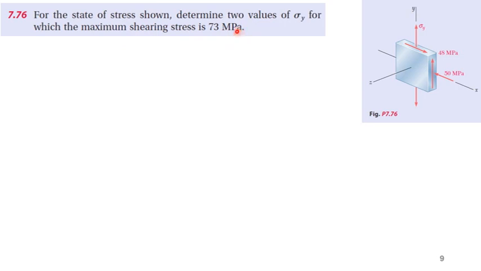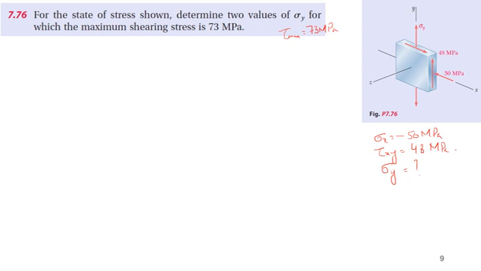So tau max is given, that is 73 megapascal, and the state of stress is given: sigma x is minus 50 megapascal, tau xy is 48 megapascal, and sigma y we have to find, that is unknown.